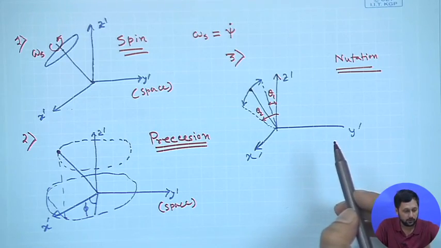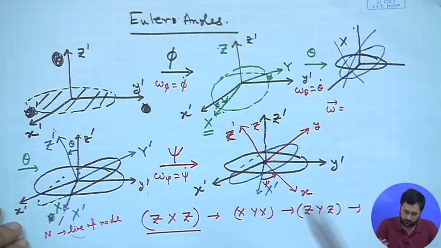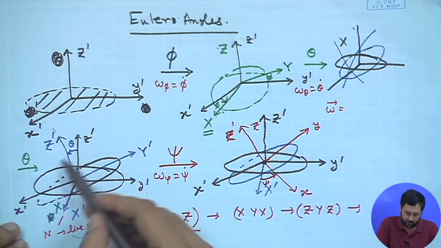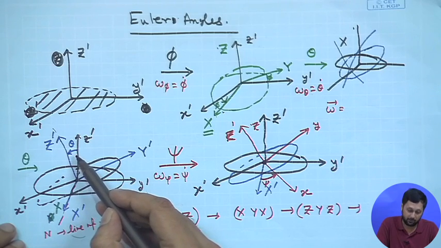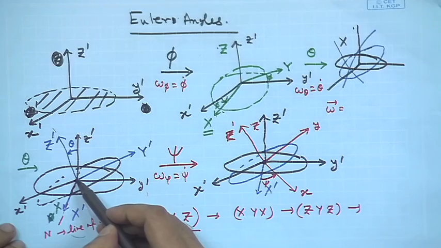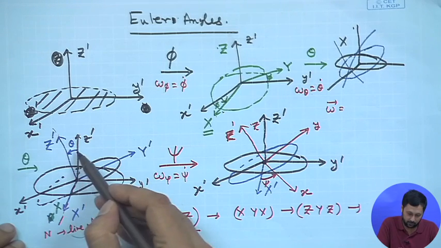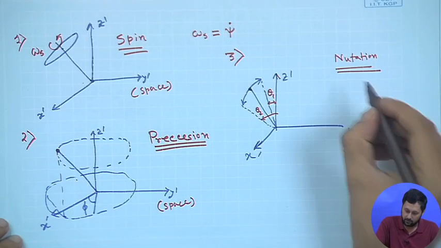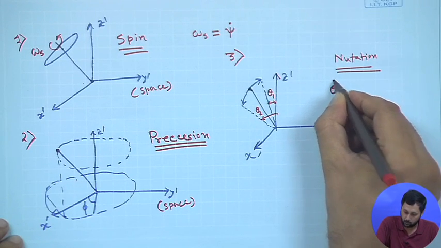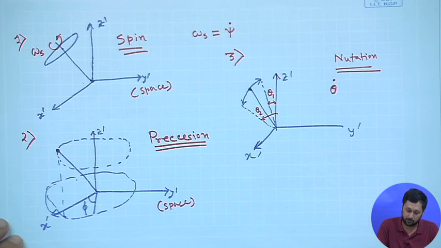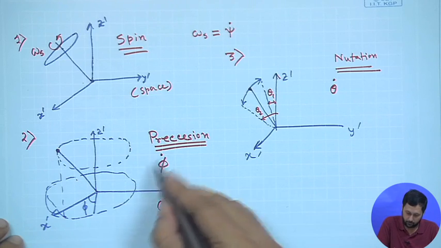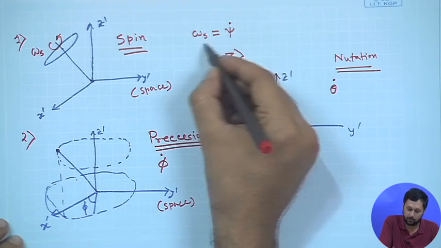So, if you recall, the second Euler angle was a rotation around the modified x axis, which once again can be represented looking from the space set of axes. So, if some axis is moving up and down in this direction, this can very well be represented by this particular Euler angle, theta. So, we see this nutation velocity is represented by theta dot, whereas the precession velocity is represented by phi dot, whereas spin we have already seen is represented by psi dot.